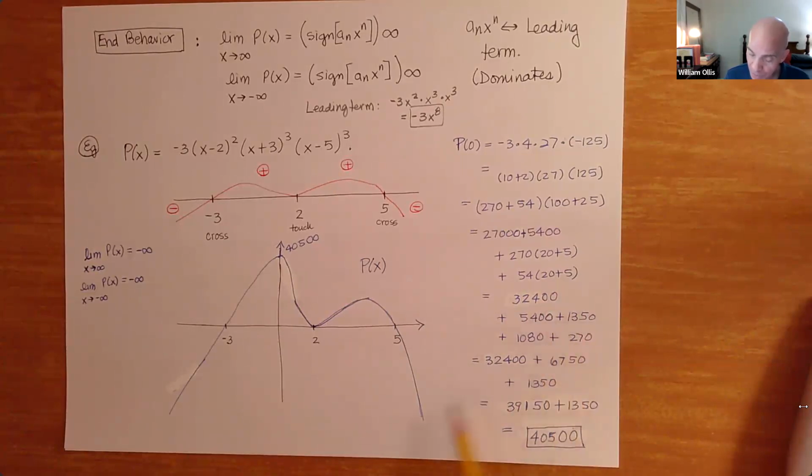We just do this piecemeal. So at this point, if you look at this, we add these two numbers to get 6,750, and then we add these two numbers to get 1,350. And then now, of course, if we add 32,400 with 6,750, we get 39,150. And then if we add the 1,350, we end up with 40,500.